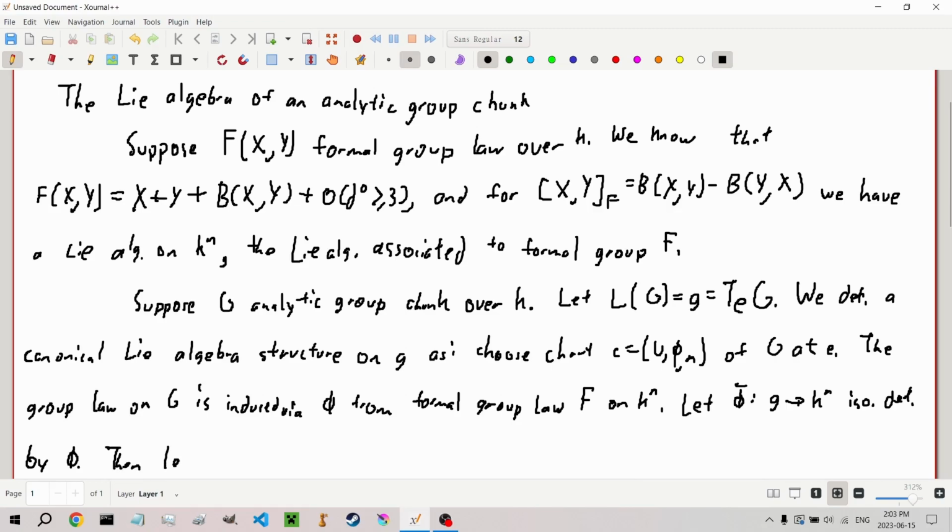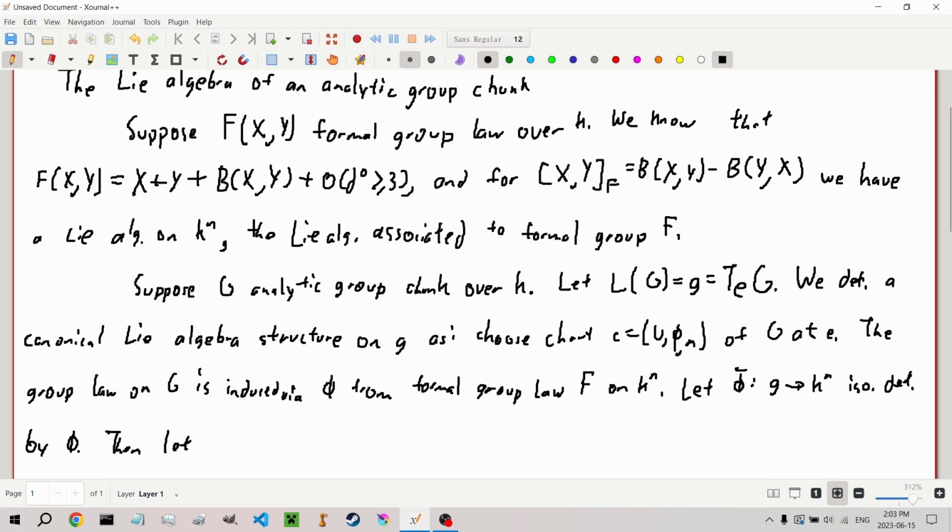Then we're going to define the C bracket of X and Y, where C is our chart, to be phi bar of X, phi bar of Y in our F bracket.